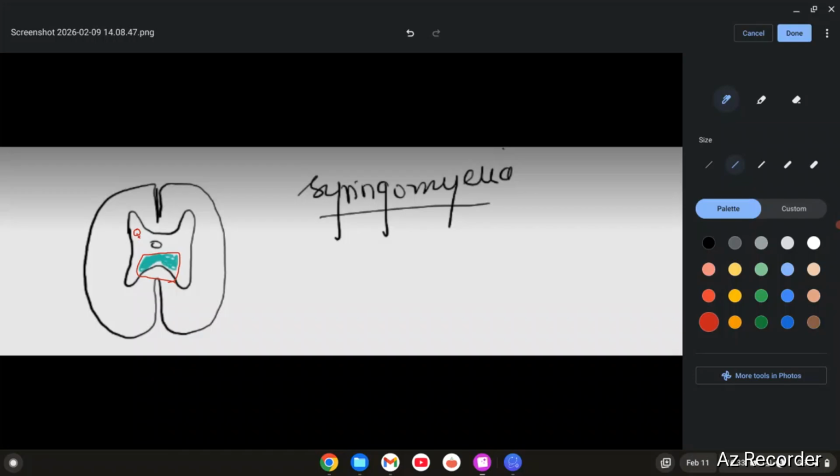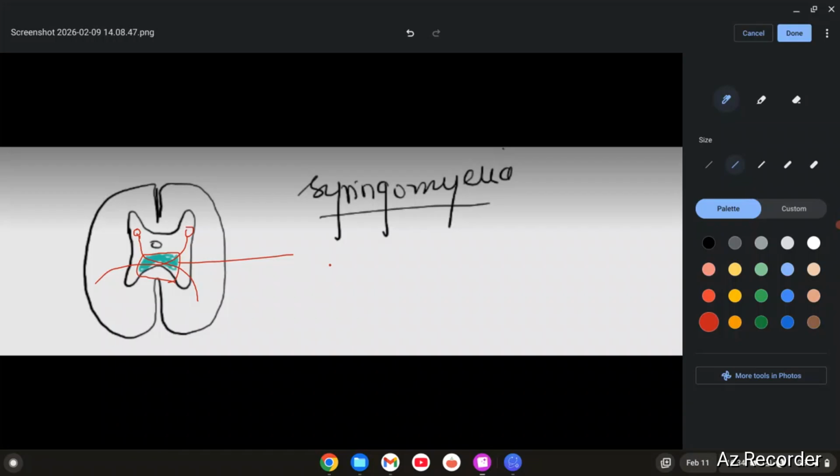Now this neuron will cross over and come to the other side. Same goes with this one. It will cross over like this. If this bundle where the neurons are crossing over is affected, it is actually the anterior white commissure. The patient will have the loss of temperature and pain sensations bilaterally.